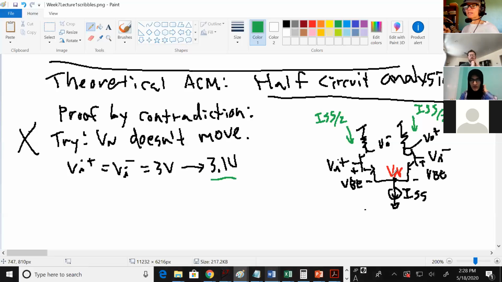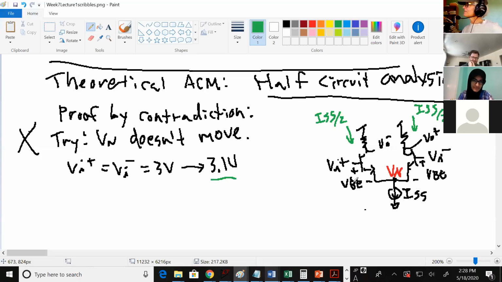It's getting bigger. Okay, so Vn doesn't move, and Vn plus goes up. So your VBE just increased.